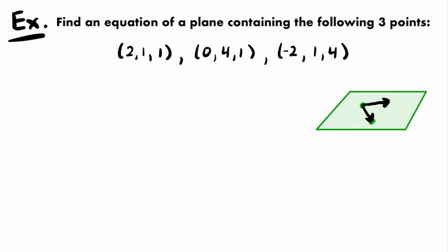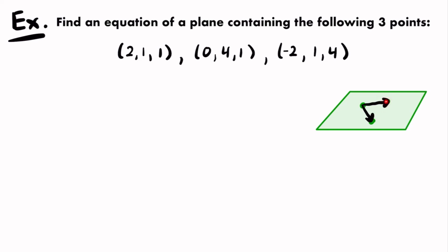And so any normal vector or any vector perpendicular to the plane would also be perpendicular to these vectors. And so how do we find a vector that is perpendicular to 2 other vectors, right? If you think back to earlier in Calculus 3, how did we find a vector that was perpendicular to 2 other vectors? Well, we used the cross product, right?